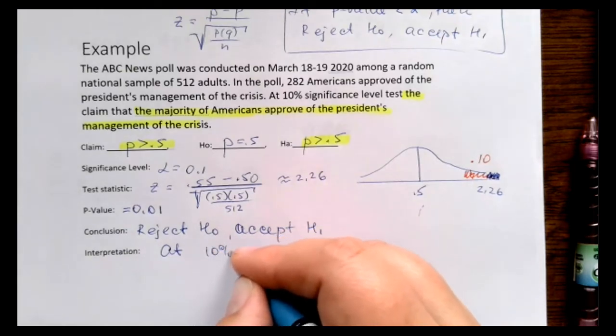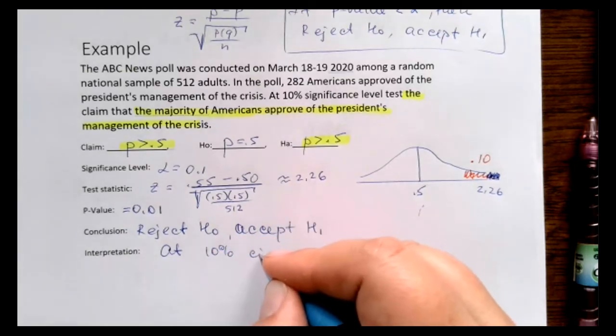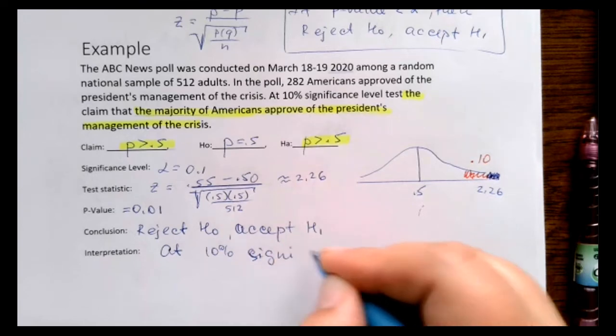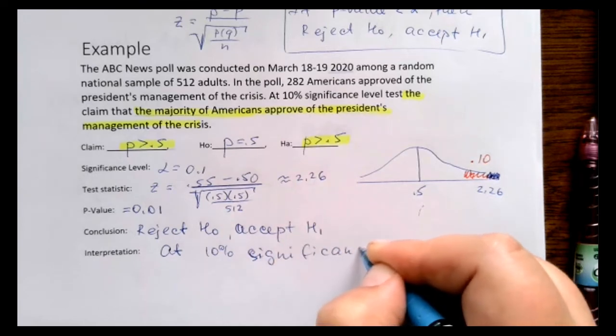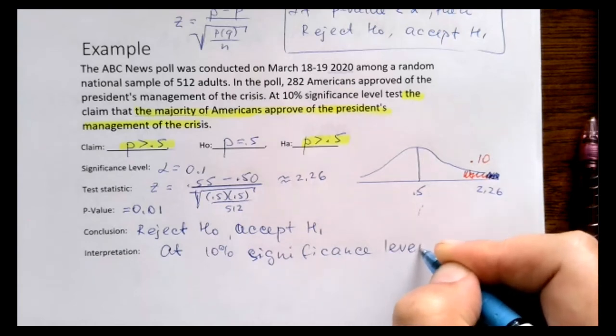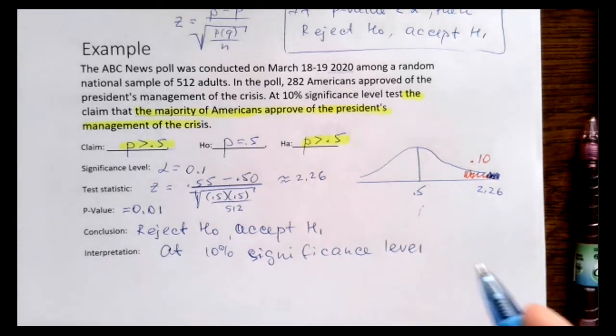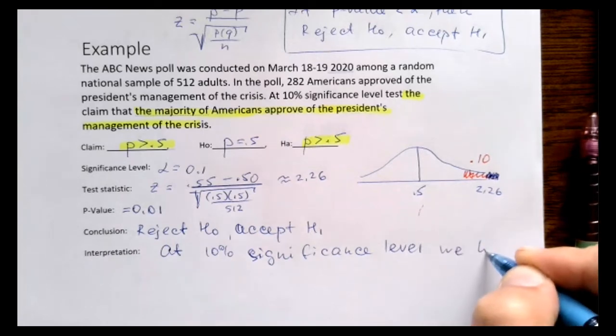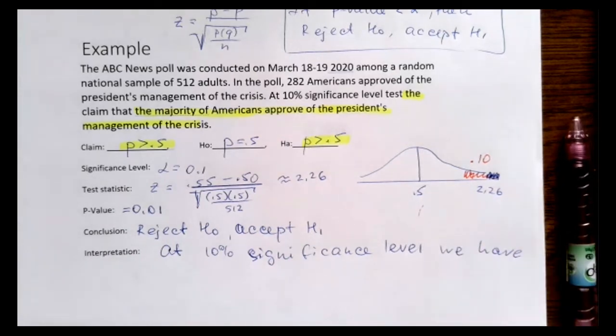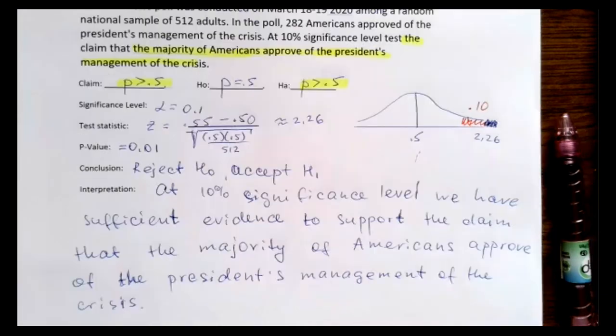At the 10% significance level, we have sufficient evidence to support the claim that the majority of Americans approve of the president's management of the crisis. So that's how you go about testing your claim.